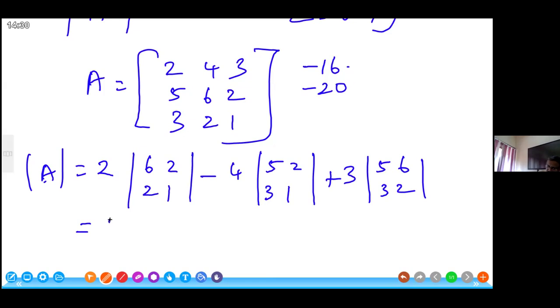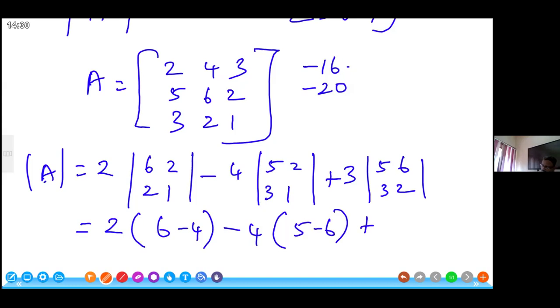So that is equal to 2 into 6 minus 4, minus 4 into 5 minus 6, plus 3 into 10 minus 18.